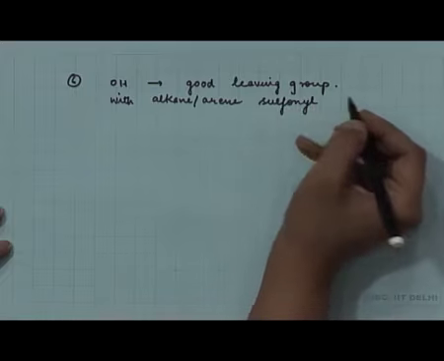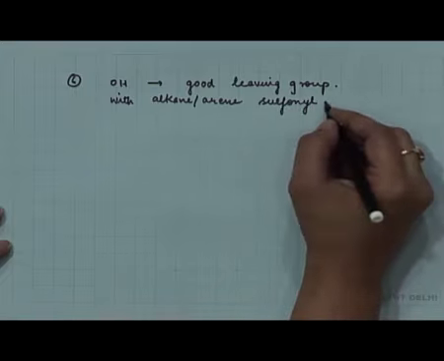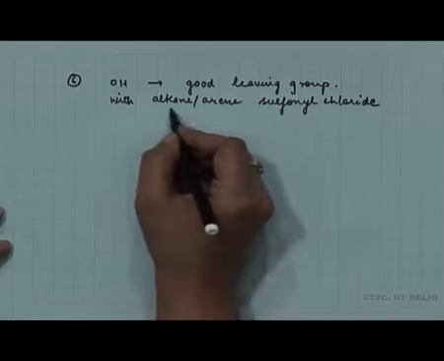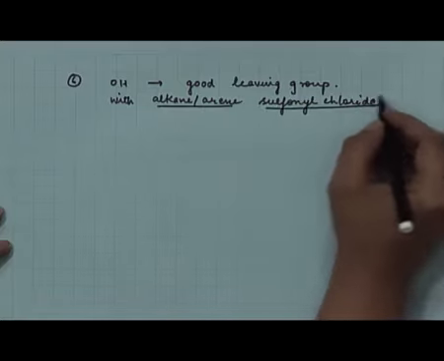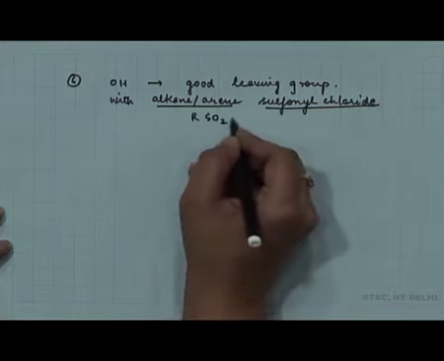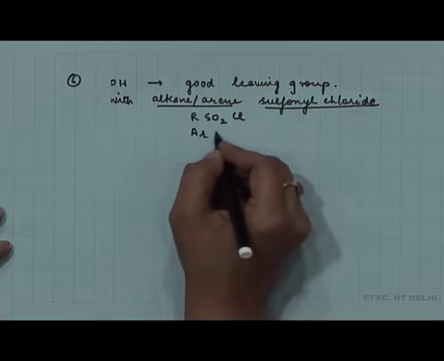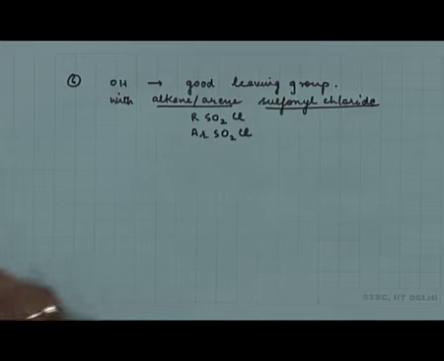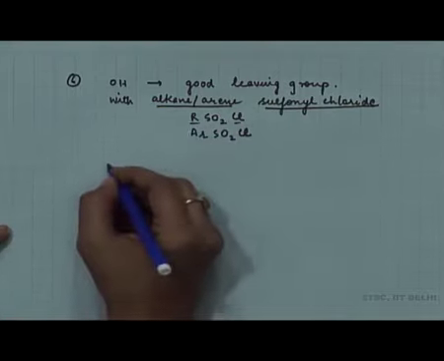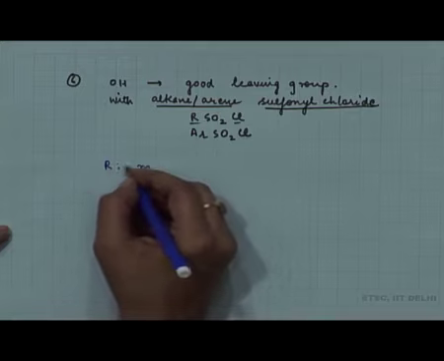Okay. Just now you were treating with the phosphorus based reagent and now you are treating with the sulfur based reagent, which is an alkane or arene sulfonyl chloride, given by the general formula RSO2Cl or ArSO2Cl. The interesting thing here is that this alkane sulfonyl chloride could be a methane sulfonyl chloride.